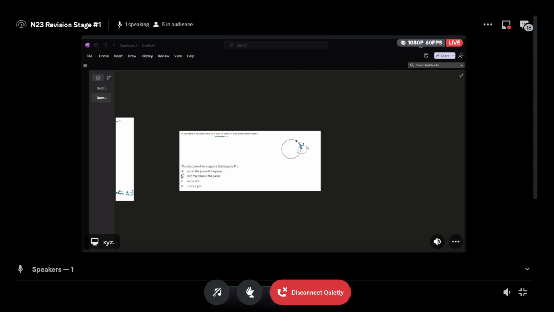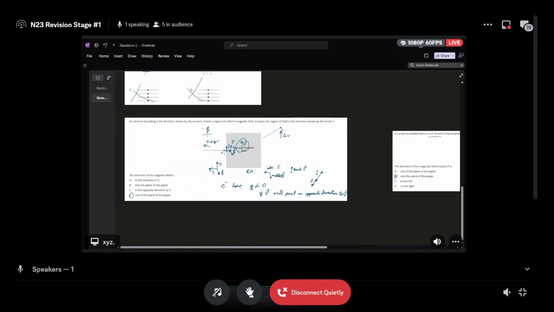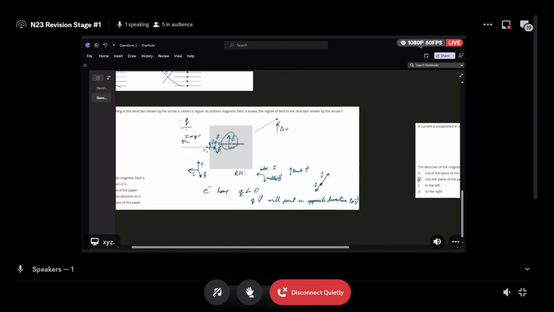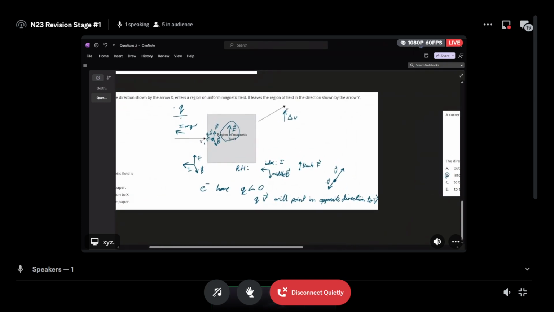I'll go back to the previous question with velocity after this. Yeah, that's exactly right. So conventional current is the direction that a positive charge would move in. So I is in the same direction as QV.